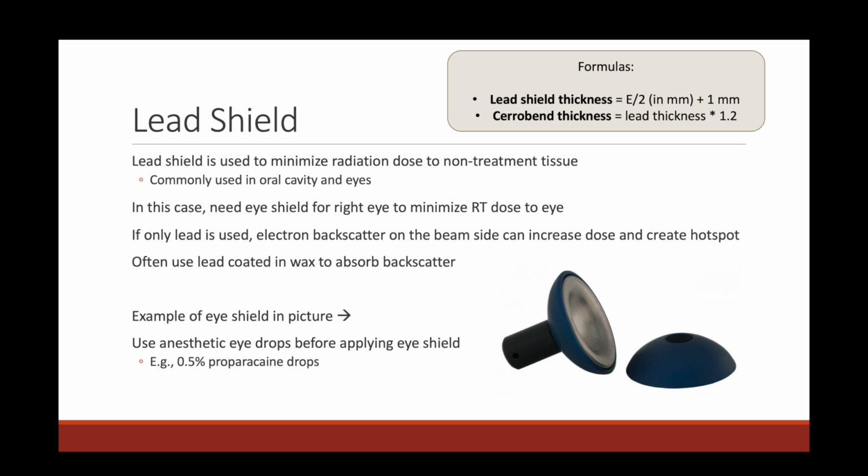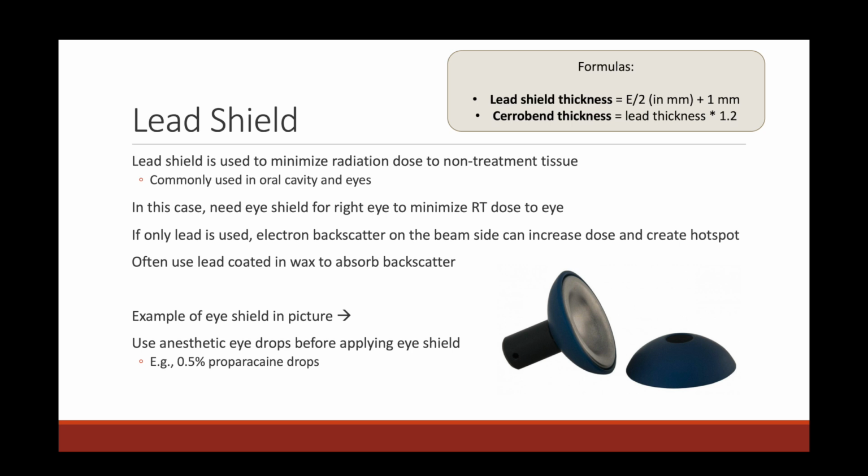And remember, the formula for the lead shield thickness is the energy divided by 2 in millimeters plus an additional millimeter for buffer. An important thing to realize with a lead shield is that if we just put a block of lead inside of a particular cavity, there's going to be some backscatter of electrons on the beam side, and that can contribute to increased dose and create an unnecessary hotspot.